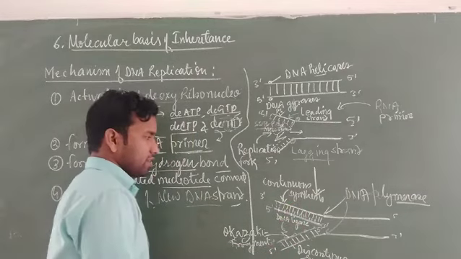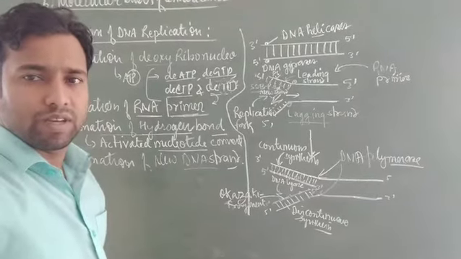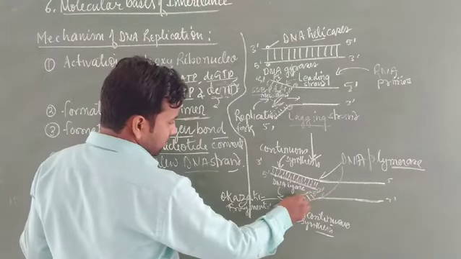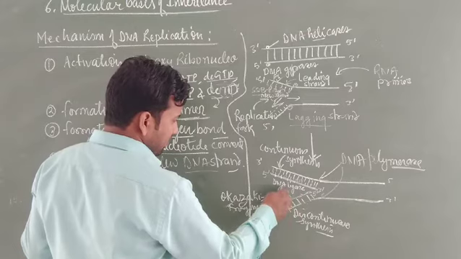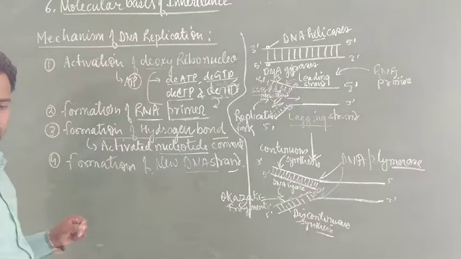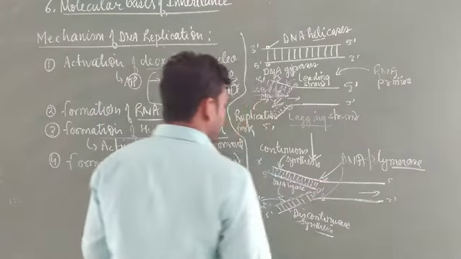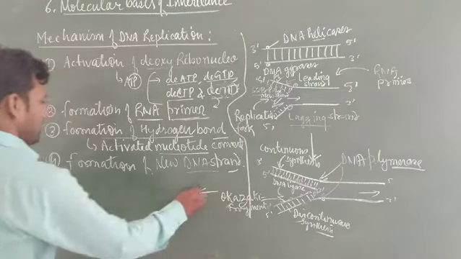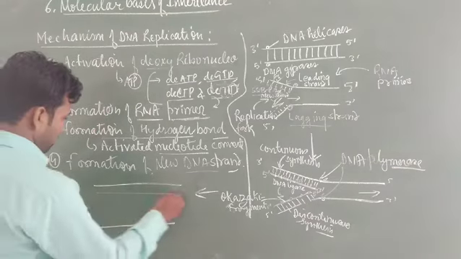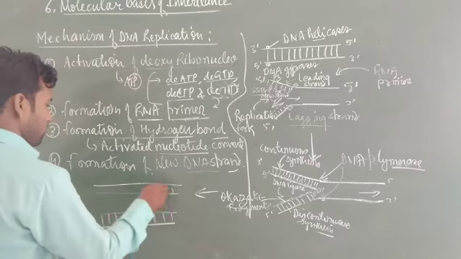Now in the fourth step, this discontinuous synthesis of the strand is further ligated by the enzyme called DNA ligase, and the strand becomes continuous. Later the gyrases and helicases reach the end, and the whole DNA gets copied, forming two daughter DNA molecules from the parent DNA.